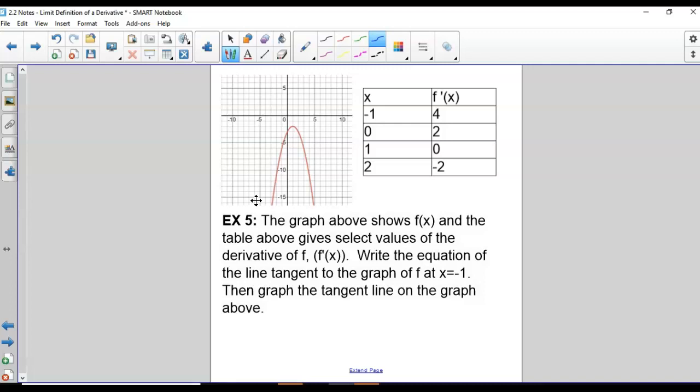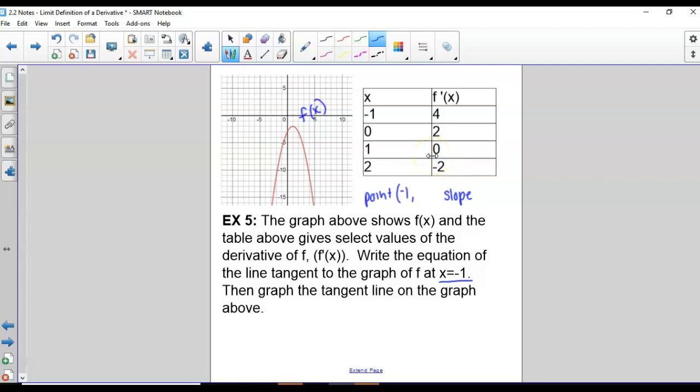So we still need a point and a slope. And I know that my point is at x equals -1, so I know the x-coordinate of that point is -1. And it tells me that f of x is this graph over here, whereas the derivative values are given with that table.